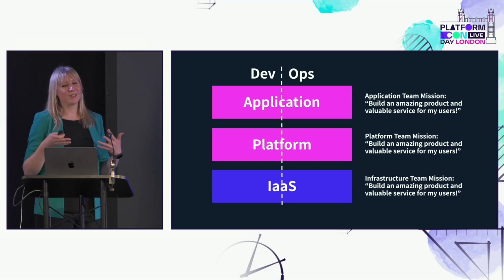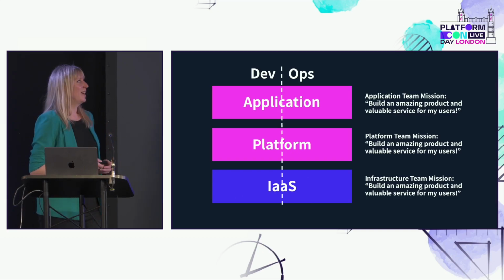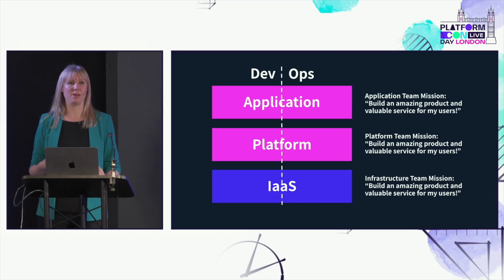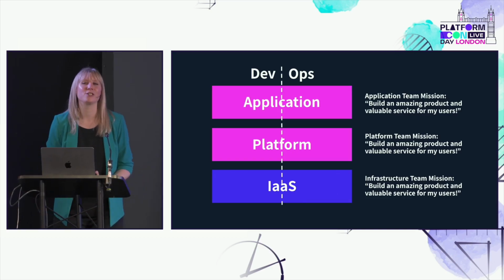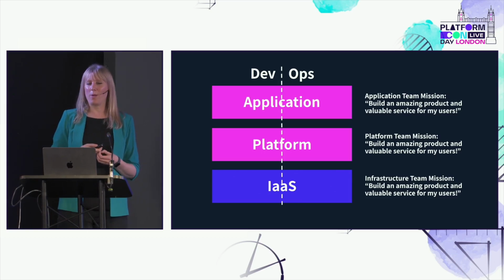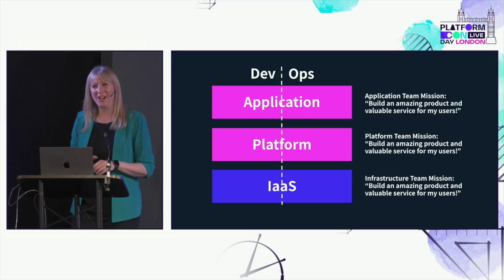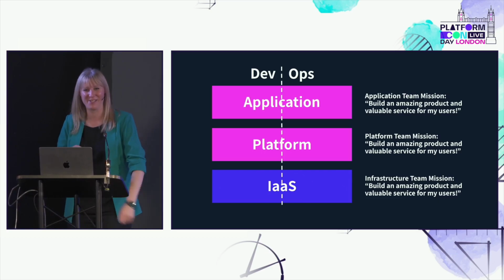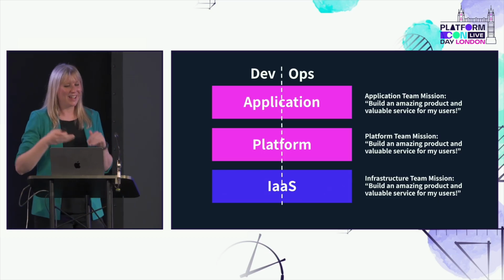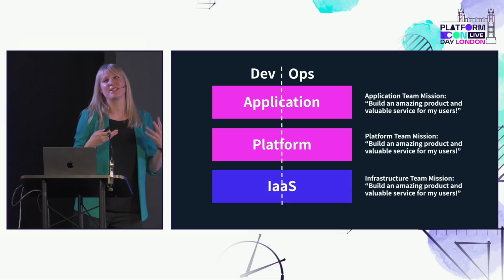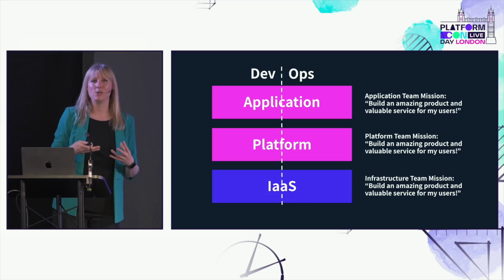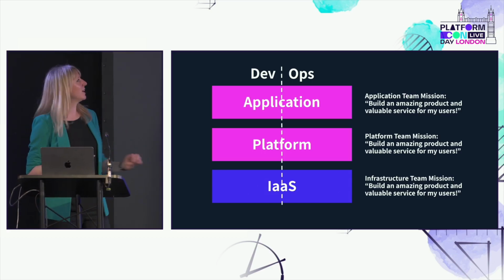There are a lot of ways to organize your teams, and I think the idea that we have a platform team that serves application developers is one that's quite well understood in this room. So I may not introduce that in the way that I normally do, but essentially this is a very simplified model of what your teams and your setup might look like in your organization.